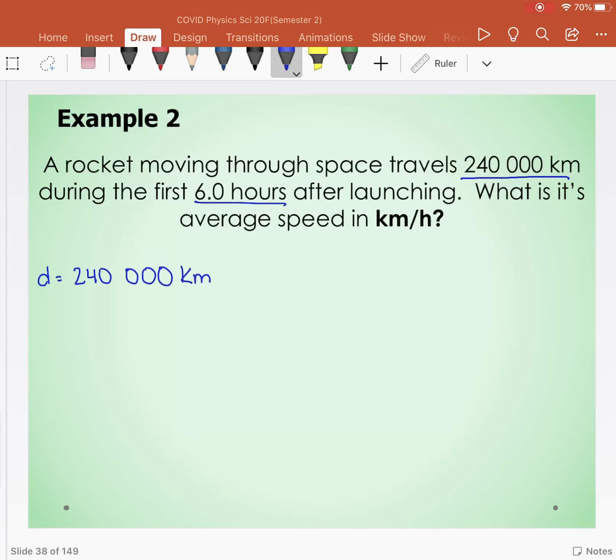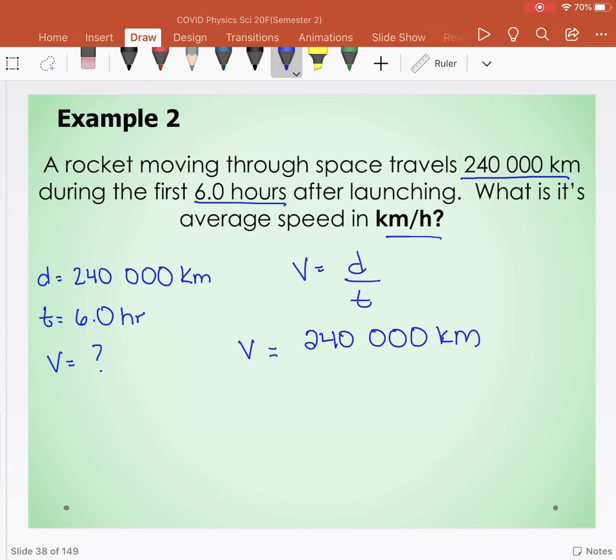During the first 6 hours after launching, what is his average speed in kilometers per hour? Okay, so speed, V equals D over T. Substitute in the numbers I know: 240,000 kilometers divided by 6 hours. Calculate that out.